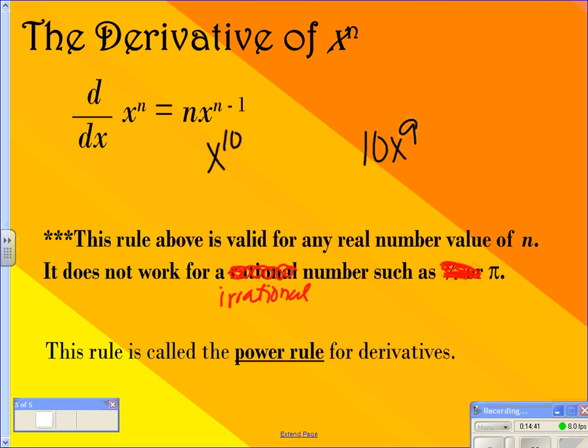What would be the derivative of 10x to the 9th? 90x to the 8th. Does that make sense? What would be the derivative of x to the 3 halves?